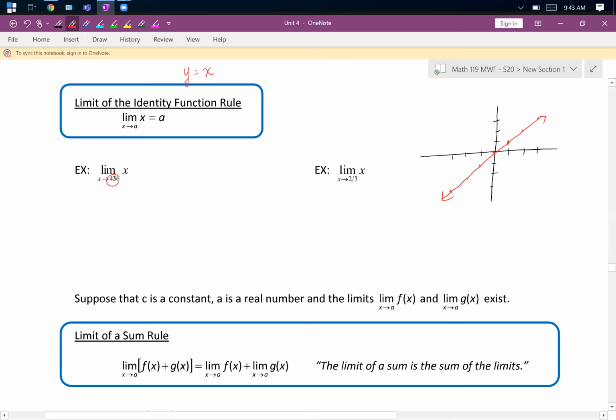So we're basically just taking this and plugging it in for x, and then that'll be our answer. So the limit as x approaches 436 of x is equal to 436. The limit as x approaches 2/3 of x is just going to be 2/3. Any questions so far?